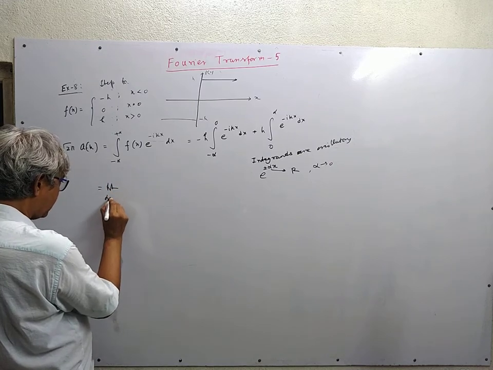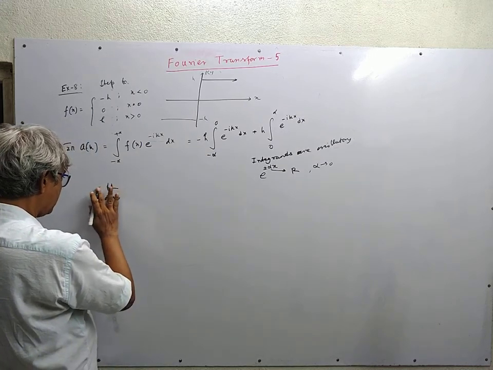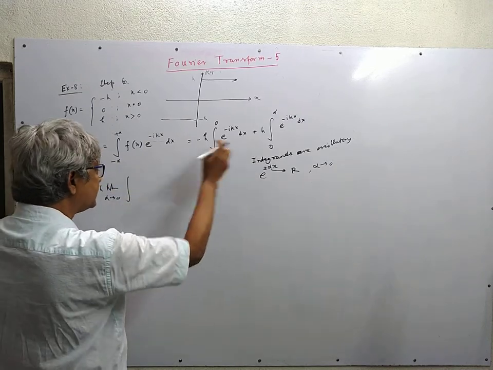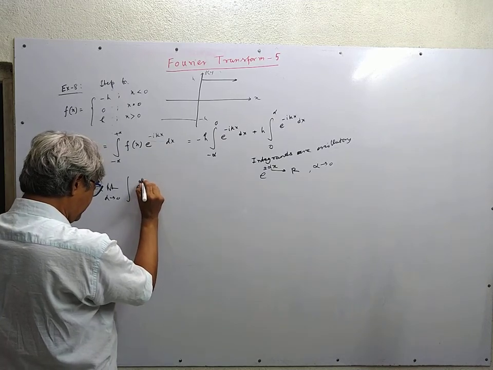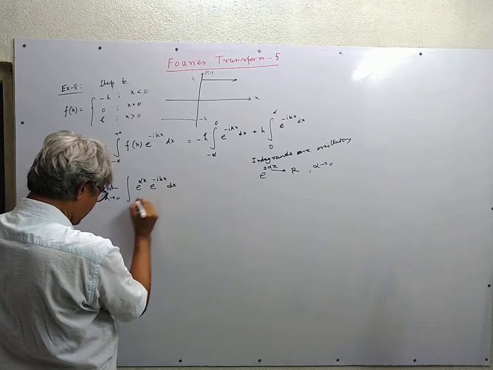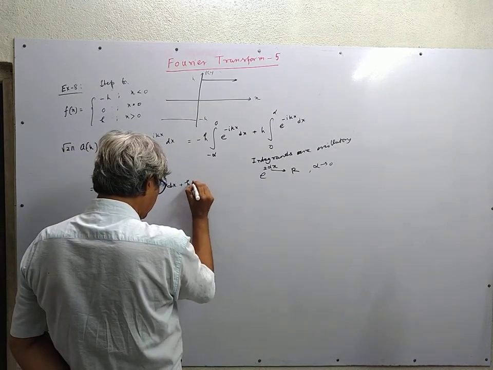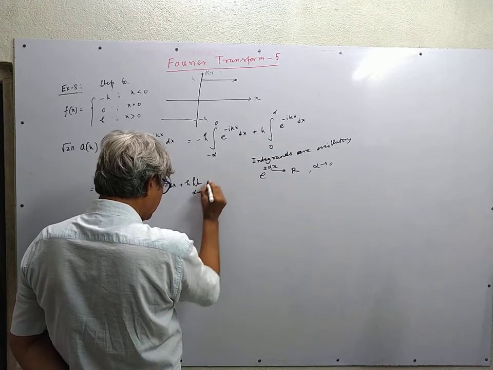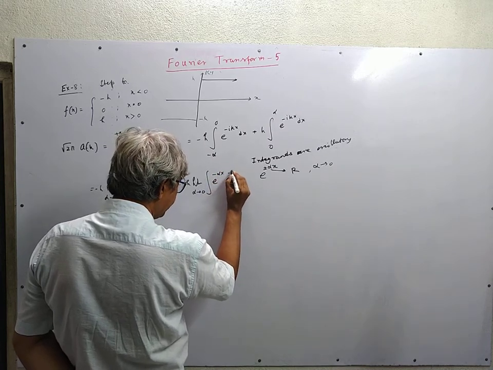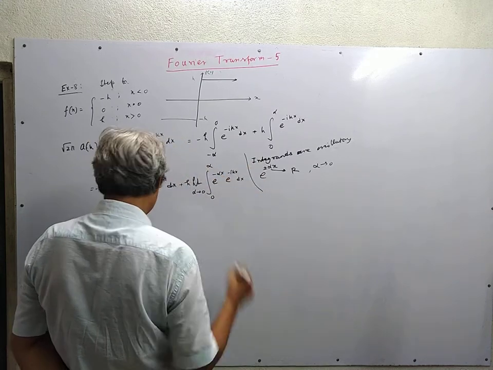Limit alpha tends to 0. h is common in both the terms, so we write minus h for this negative region, where the damping factor will be e to the power alpha x, e to the power minus i k x dx from minus infinity to 0, and on the other hand it will be limit alpha tends to 0, where the damping factor is e to the power minus alpha x, e to the power minus i k x dx from 0 to infinity.